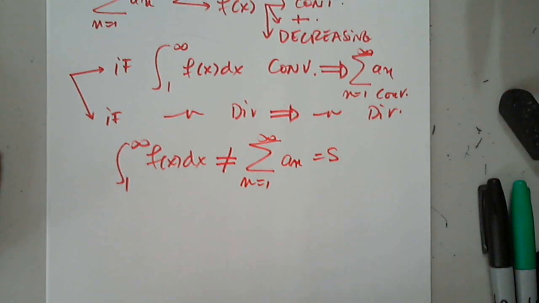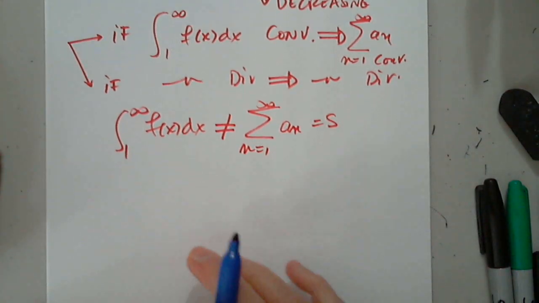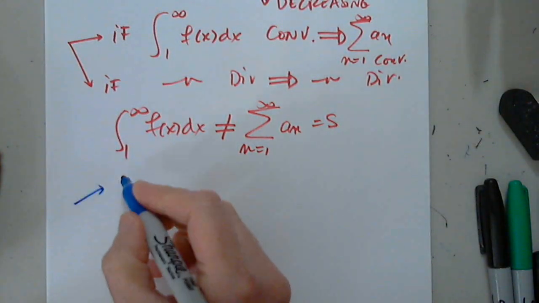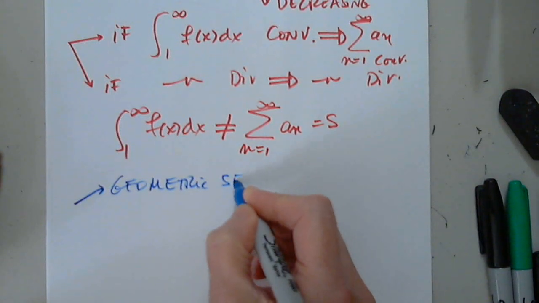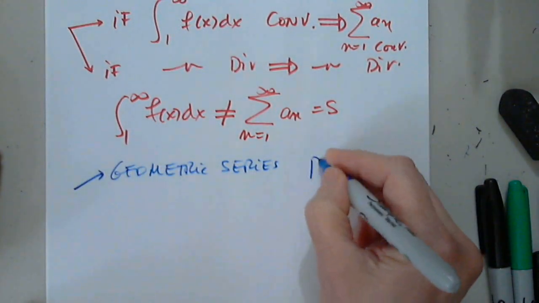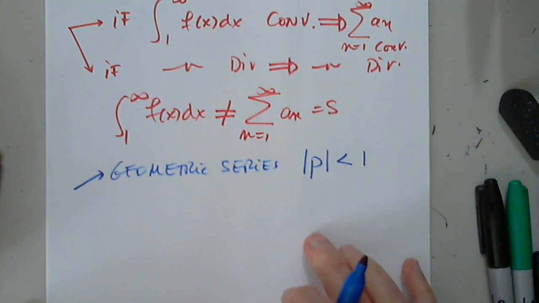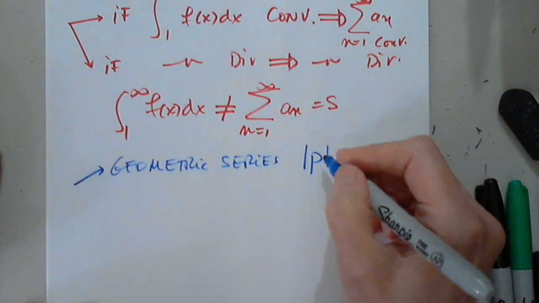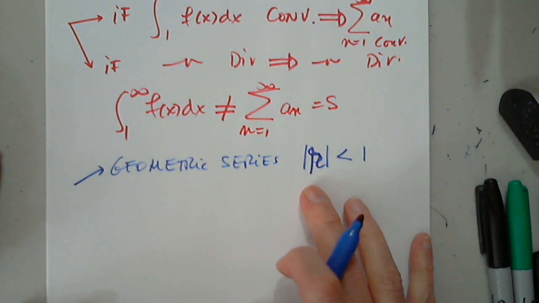Now, a little recap on previous series that we looked at. So we looked at geometric series, and we said that the geometric series are convergent as long as the absolute value of r is less than 1. I meant to say r, of course. R is the common ratio.